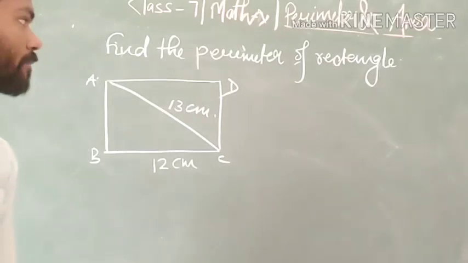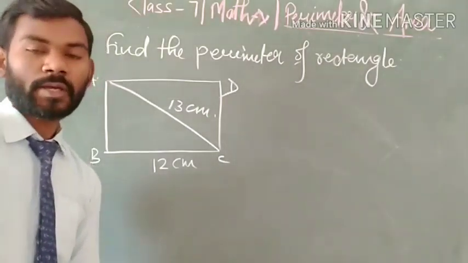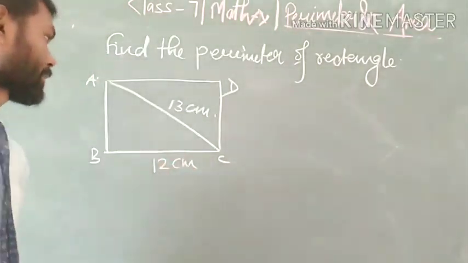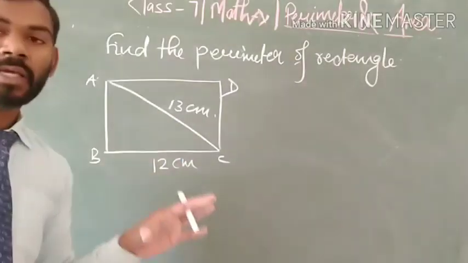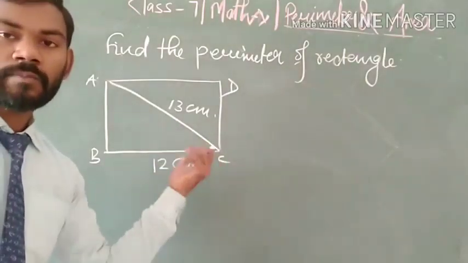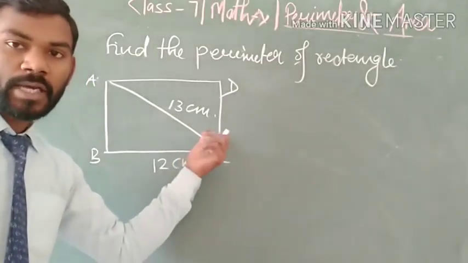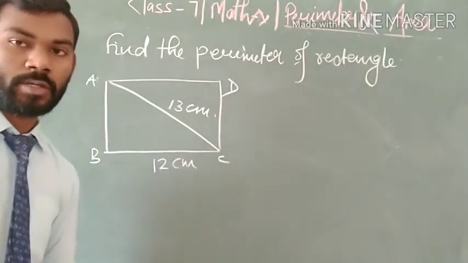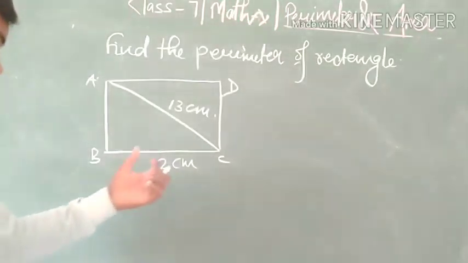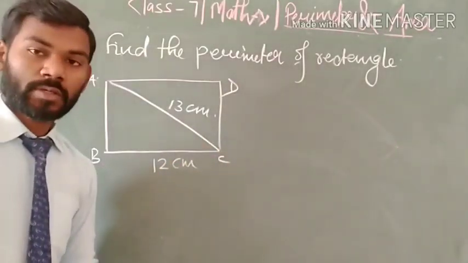The question says find the perimeter of the rectangle. In this figure, we can see that the length is 12 centimeter and its diagonal is 13 centimeter. Here, the breadth is not given.